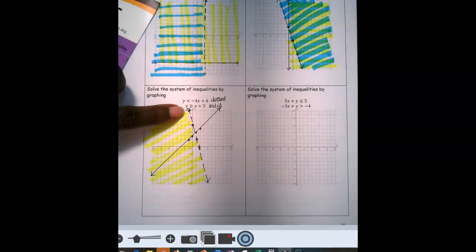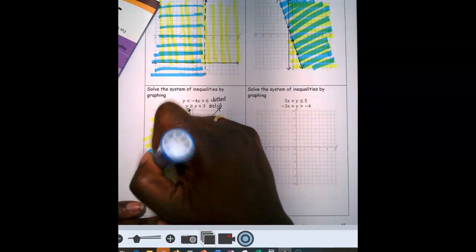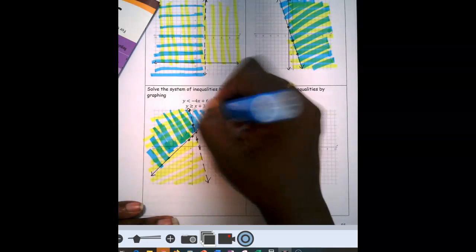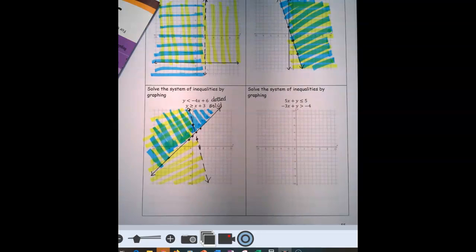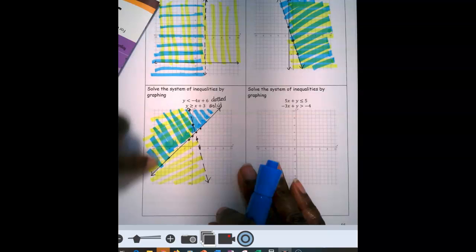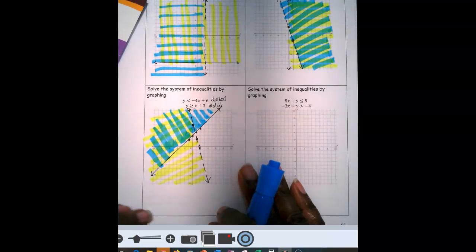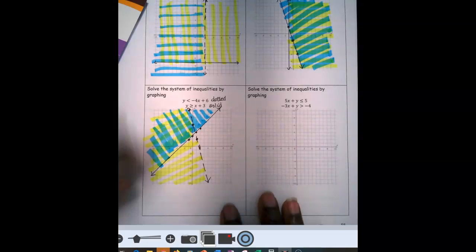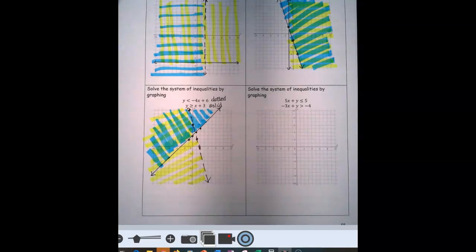And all my values of y are greater than this line. So again, the only part that makes both equations true is in this area where you see both the blue and the yellow. Some of you may see it as blue and yellow. Some of you may say, oh, blue and yellow make green. However you see it.